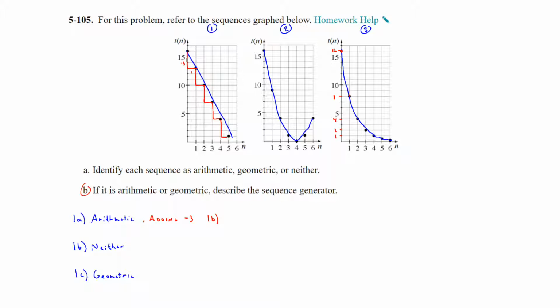So you're actually multiplying by 1/2. So multiplying by 1/2, and you do want to make sure that you say multiplying by 1/2. So those are the generators for 1A and 1C. I just realized I mislabeled this top one, so this is 1A. Alright, and that is it for questions 100 to 105.